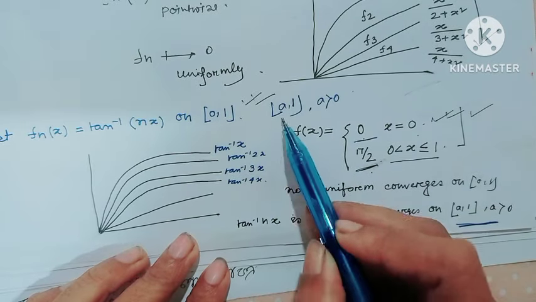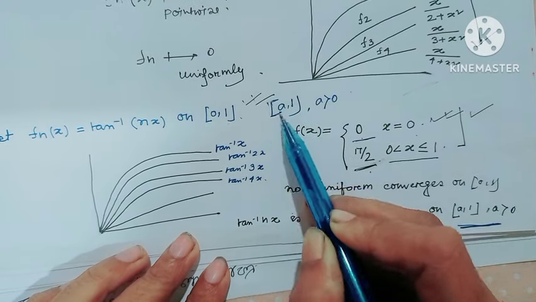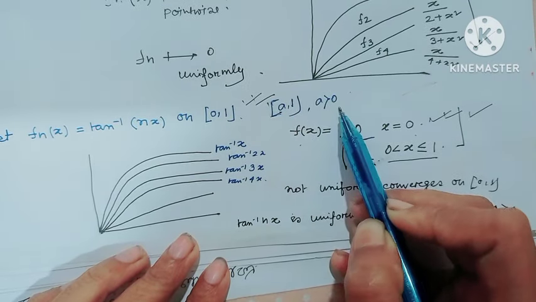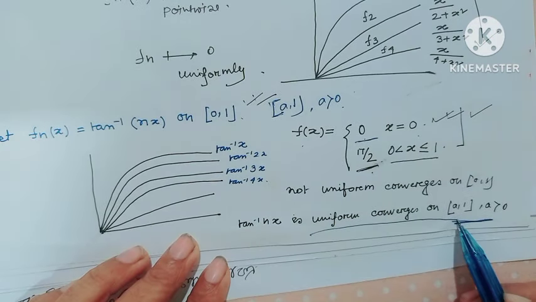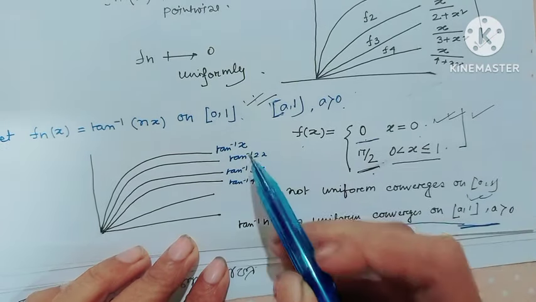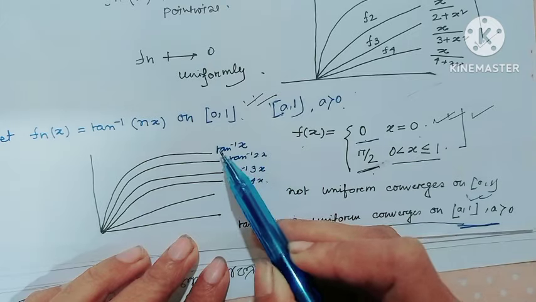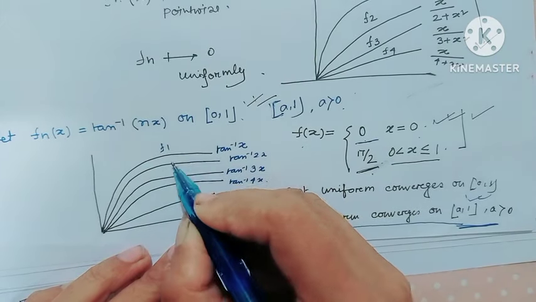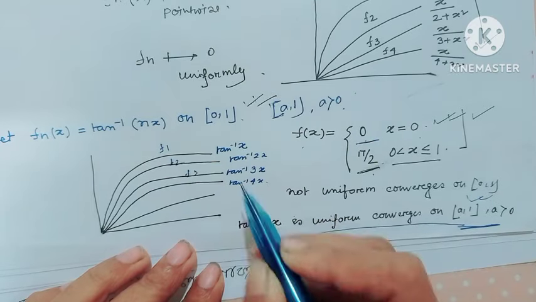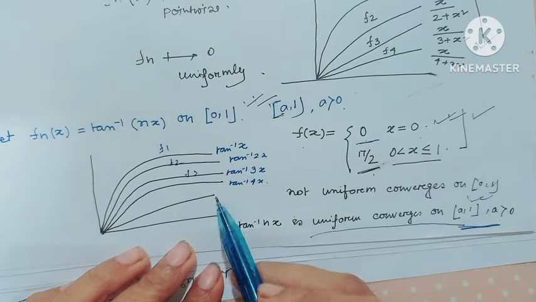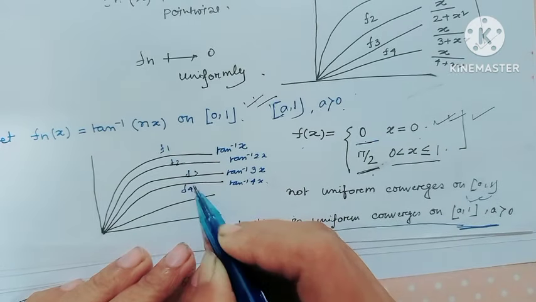So if we consider the closed interval [a, 1] where a is greater than 0, then tan inverse of nx converges uniformly on this interval, because f1 is tan inverse x, f2 is tan inverse 2x, f3 is tan inverse 3x, f4 is tan inverse 4x, and so on.